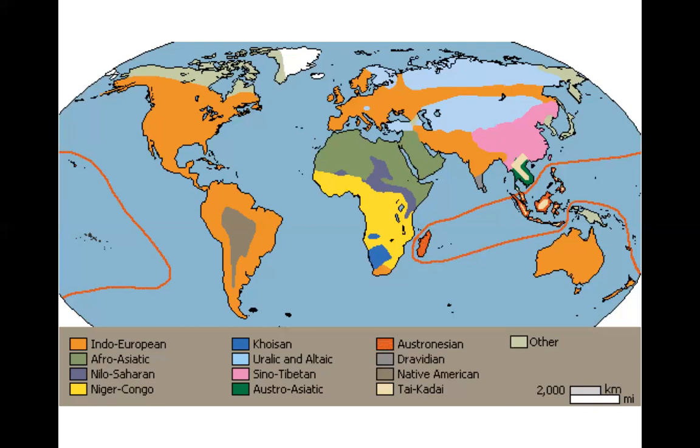But one of the most interesting things is the Austronesian one. Notice it goes from Madagascar all the way through the Pacific. This is a huge range. And this actually baffled a lot of linguists as well as archaeologists and others as they studied language connections. This is pretty recent, actually, that we started actually connecting all of these languages together.